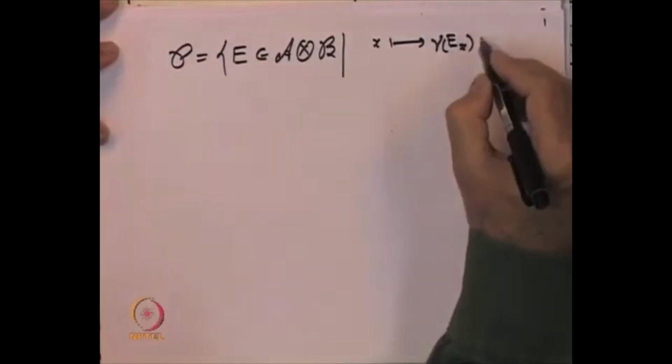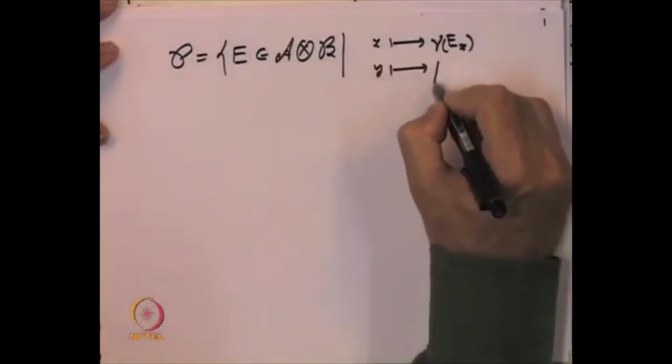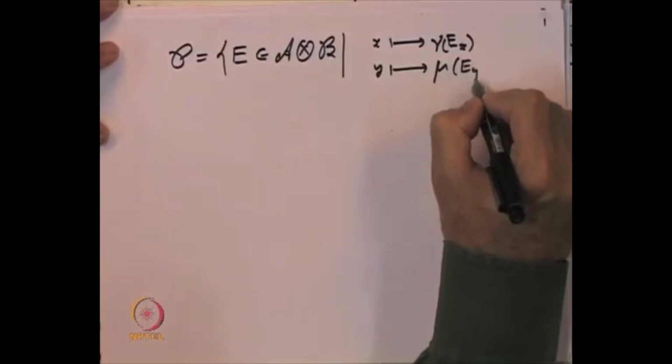So, we get this function. So, this is measurable, and the function y going to mu of E^y is measurable.